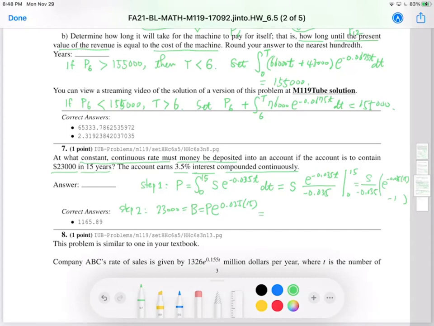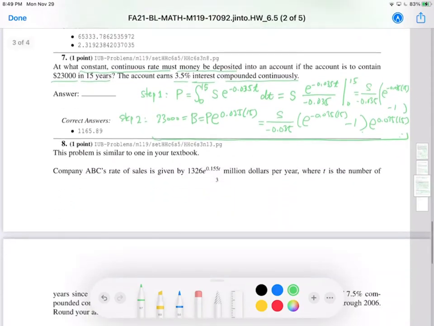P is from step 1: negative S over negative 0.035 times e to the negative 0.035 times 15 minus 1. So we can solve for S. Okay, so I forgot this, multiplying by e to the 0.035 t. Okay, then we have this equation. Solve for S. S is the only unknown.